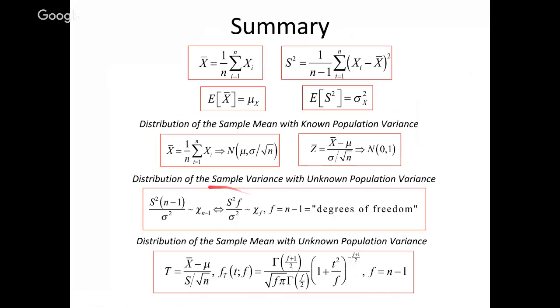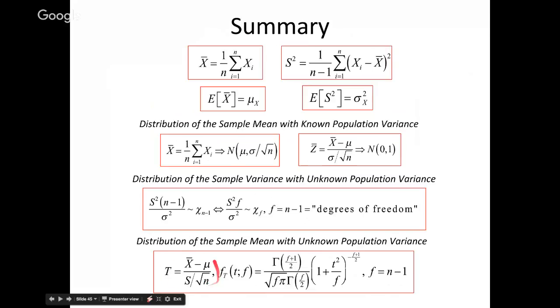And once we figured this out, we could then conclude that the distribution of the sample mean around the population mean is going to be given by the student t distribution. For that, we define a t statistic, which is basically the deviation of the sample mean from the population mean divided by the sample standard deviation divided by the square root of the number of samples that we've collected.